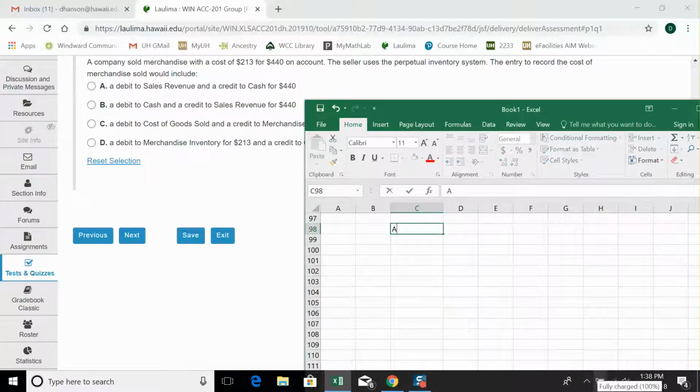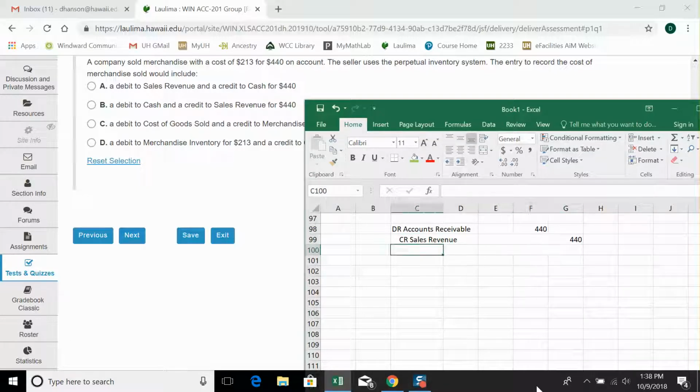You would have a debit to accounts receivable for what we sold it for, 440, and then we would have a credit to sales revenue, okay, of 440.